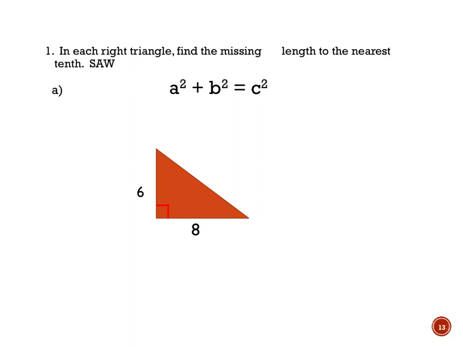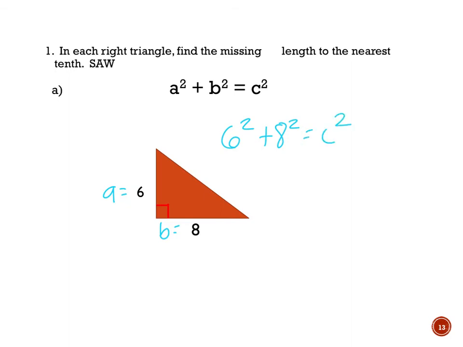In each right triangle, find the missing length to the nearest tenth. Show all work. It doesn't matter which side is your A or your B. Some will make A equal 6, B equal 8. So now I have 6 squared plus 8 squared equals C squared.